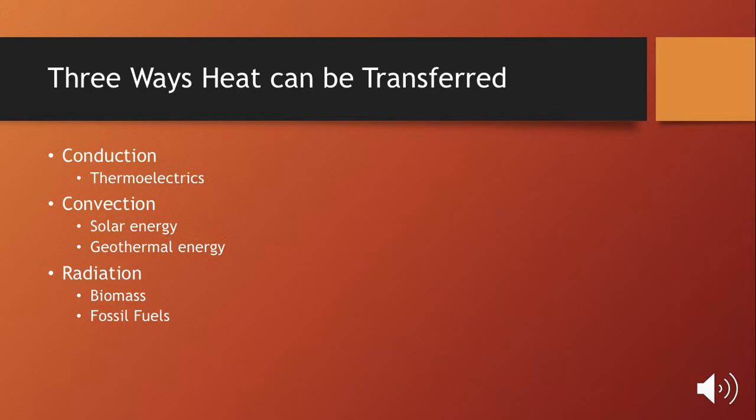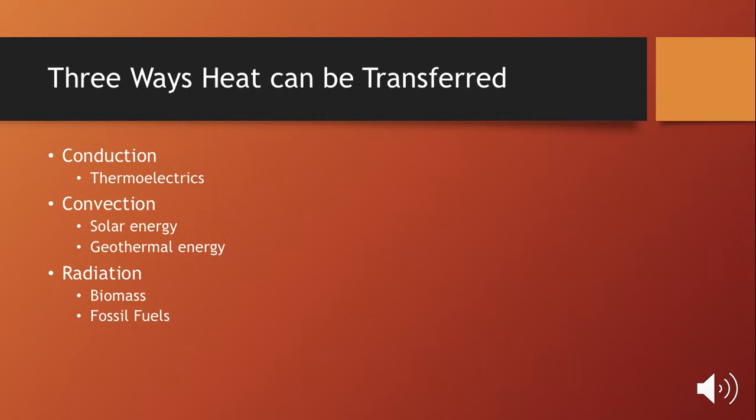Another important aspect of thermal energy is there are three ways that it can be transferred. We have conduction, which is the transfer of heat when two objects are directly touching, and that is thermoelectrics, which we will get into later. There is convection, that is the transfer of heat through a fluid, and that is involved with harnessing the solar energy and geothermal energy.